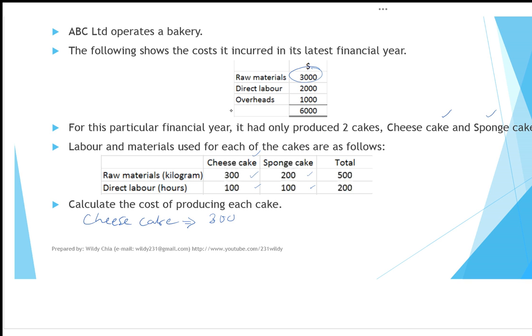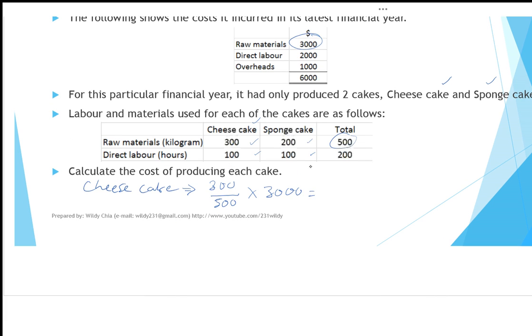The material in total that was used was 500 kilos, and we used 300 kilos for cheesecakes. 300 over 500 multiplied by 3,000. So that gives you 1,800. Right, so we know that the material cost of producing the cheesecake is $1,800.